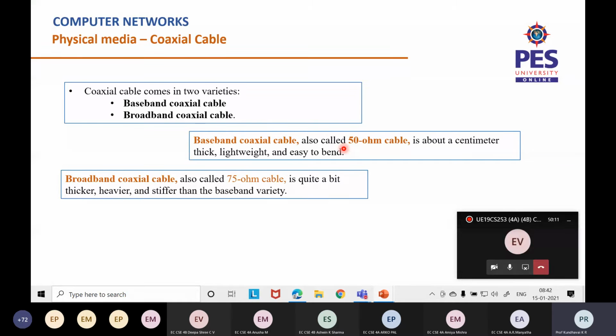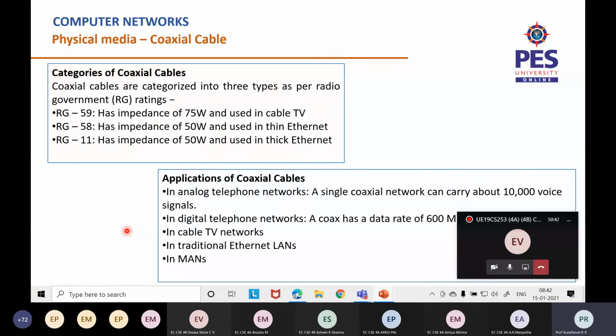It's about a centimeter thick, lightweight and easy to bend, whereas broadband coaxial cable is 75 ohm cable, which is quite thicker than the baseband, quite heavier, and it's not flexible to bend. It's quite stiffer also. All right. So they can be used wherever they are needed actually. So these are two categories from a general perspective. But I'm moving on to the next slide.